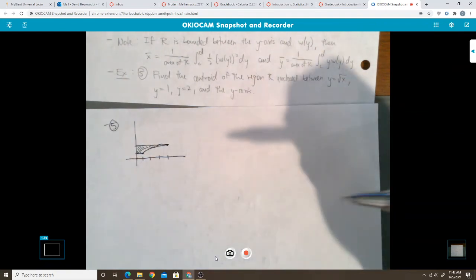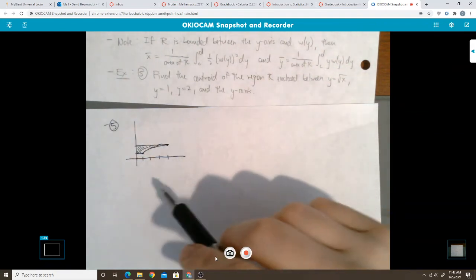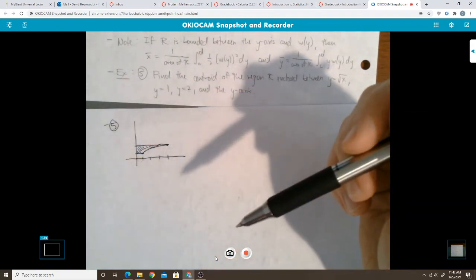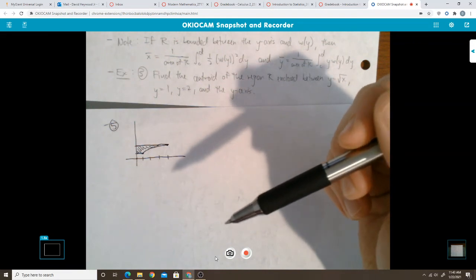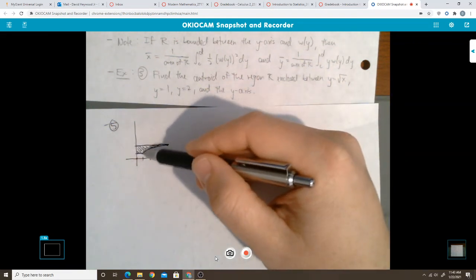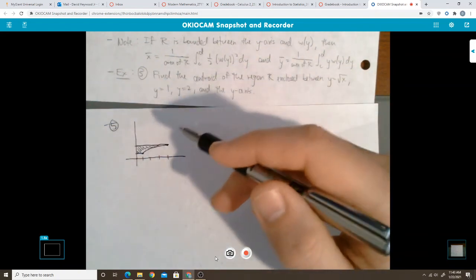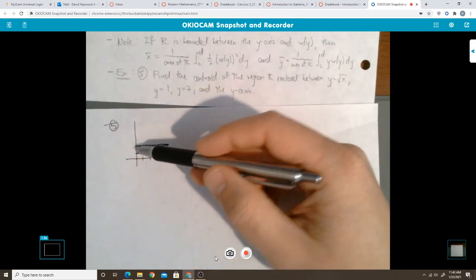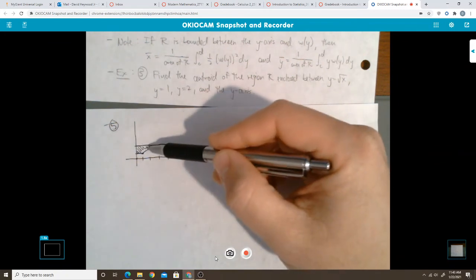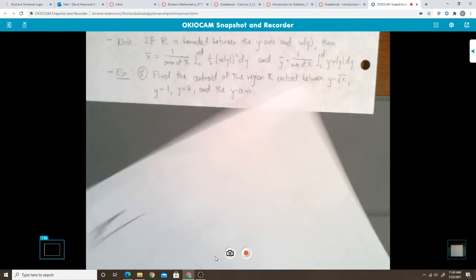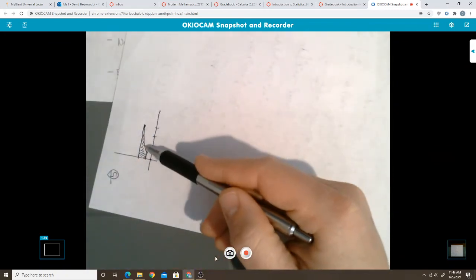Okay. Now, could you find the centroid by integrating with respect to x? Yes, but you'd have to split the integral here, right? So that gets kind of complicated. If you go with respect to y, it's easier because this is just the area, if you kind of tip it over, right? It's just the area under that curve.